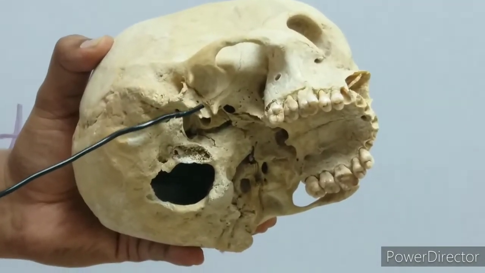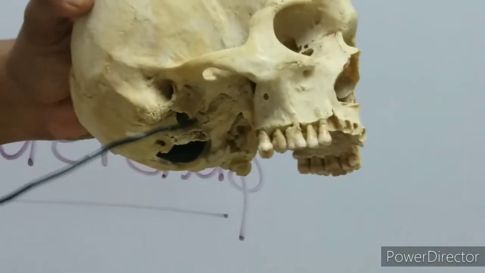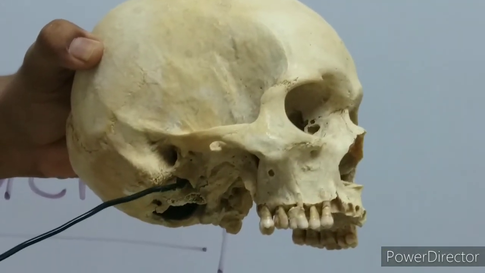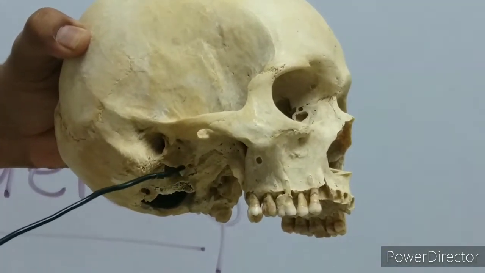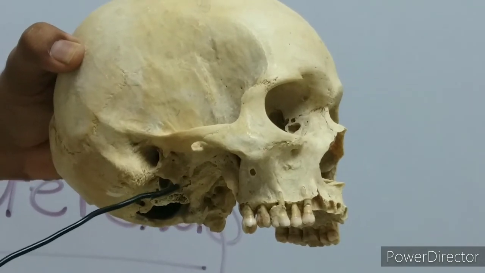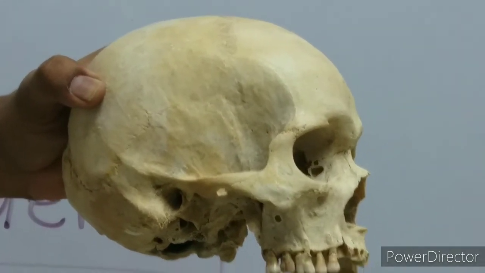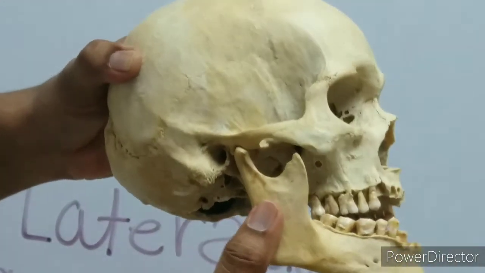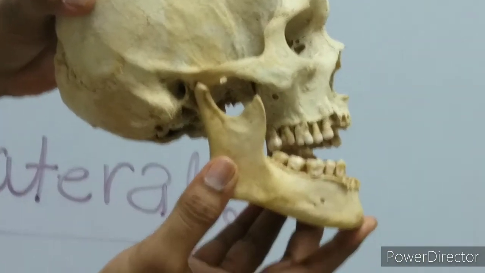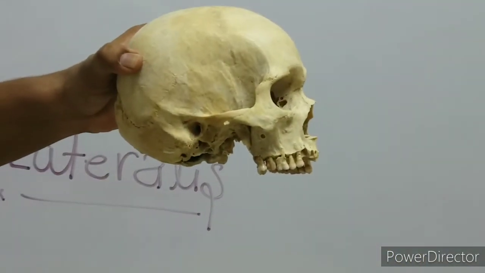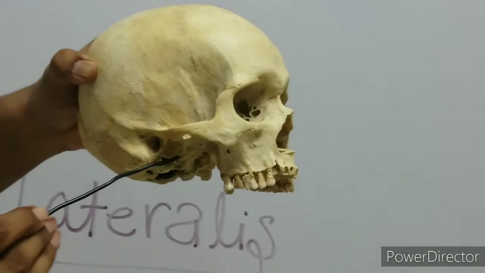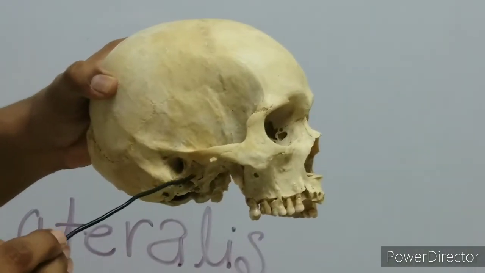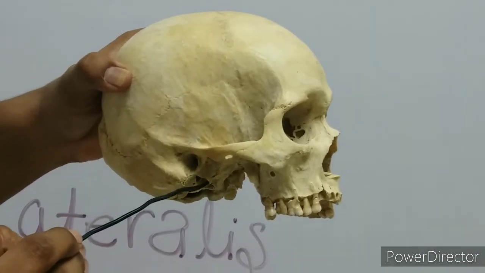It is directed downward, forward and medially. The apex and the tip are usually hidden from view by the posterior border of the ramus of the mandible. So when the mandible is present, you cannot see the styloid process clearly, but this is the styloid process from the lateral aspect. When we see the norma basalis, then we will study the styloid process and apparatus in detail.